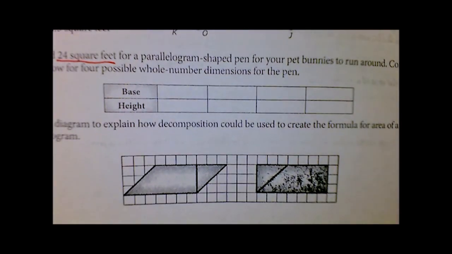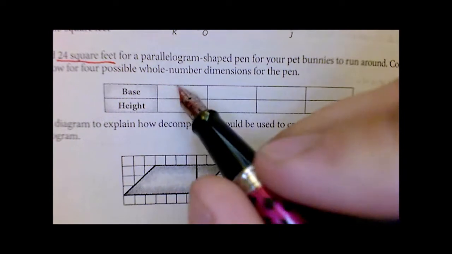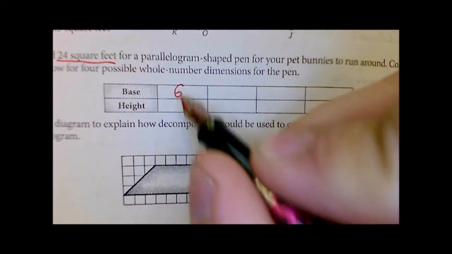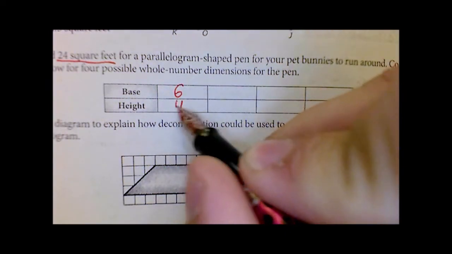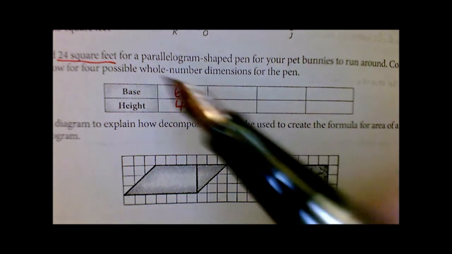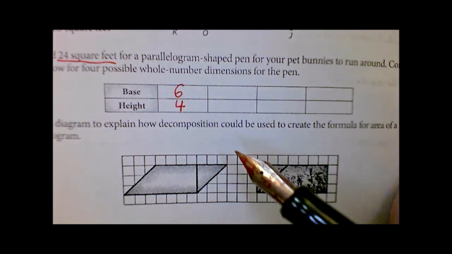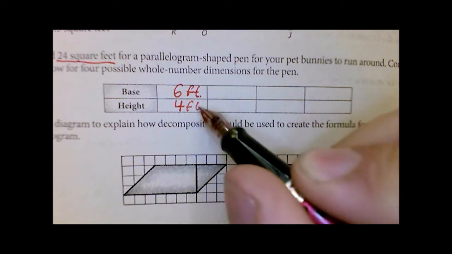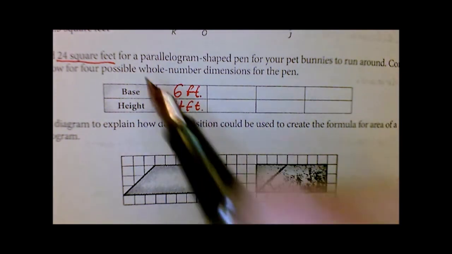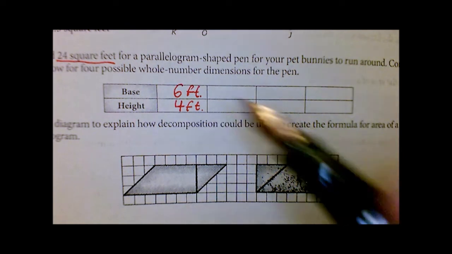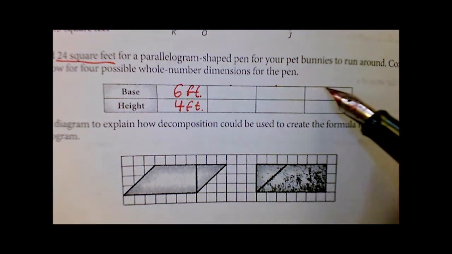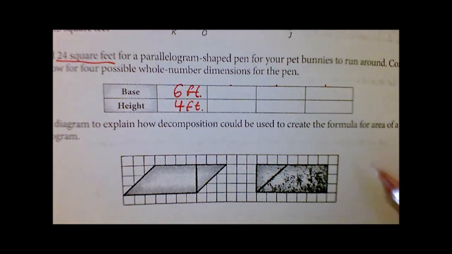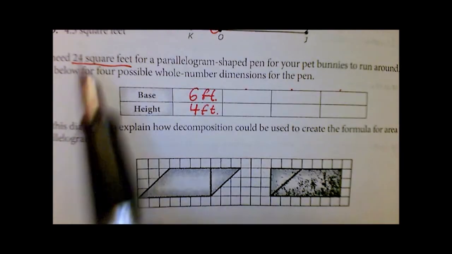I'm going to give you just one example, and that is a base of 6 and a height of 4. If I have a base of 6 feet and a height of 4 feet, that will give me a total area, 6 times 4, of 24 square feet. There are other pairs of numbers that I can use that will also multiply together to get 24.